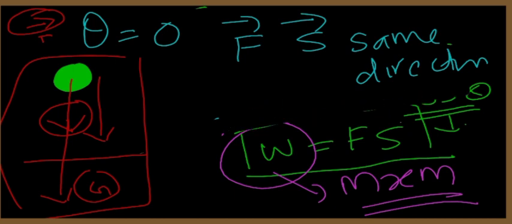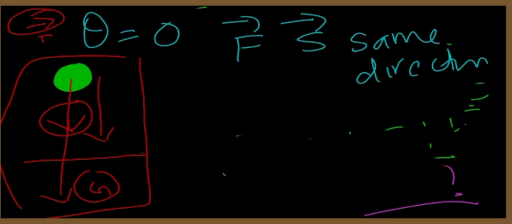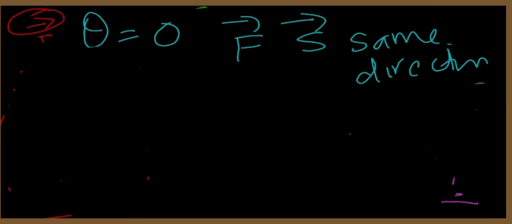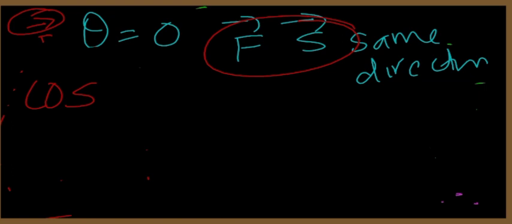Now let's check the second case. When will work become 0? If work has to be 0, then the angle between the force and the displacement should be 90 degrees, right?